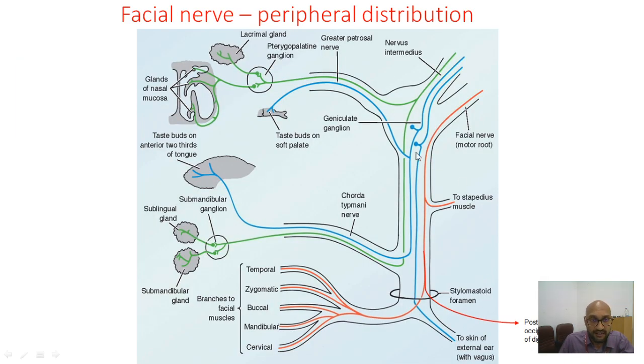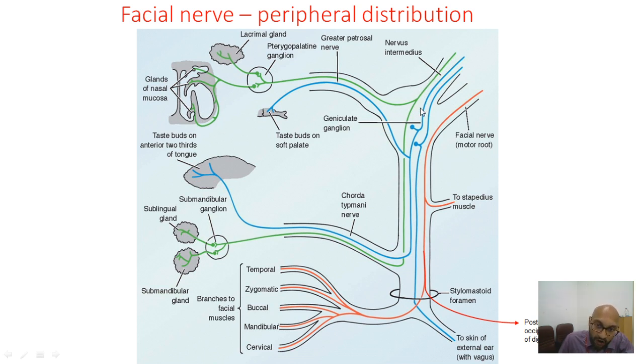And this is the peripheral distribution of the facial nerve, where you can see that once it forms the common facial nerve, the motor root as well as the sensory roots have joined together. The sensory root as well as the parasympathetic root are known as the nervus intermedius. They join together inside the internal auditory meatus to form one common facial nerve.